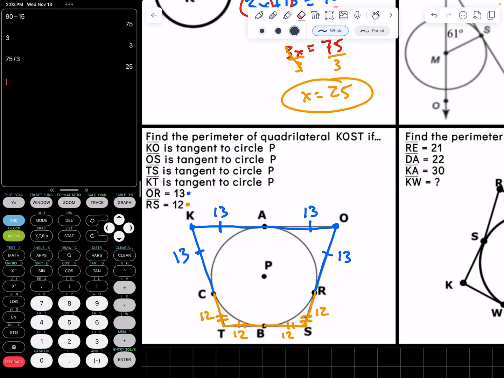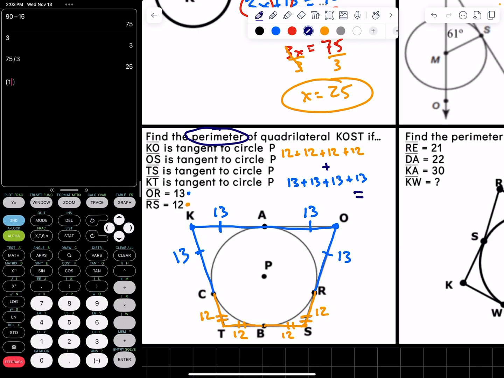So if I add all these up, because remember, I'm trying to find the perimeter, I take 12 plus 12 plus 12 plus 12, and I'm going to add that to 13 plus 13 plus 13 plus 13, and that is all going to equal, I can do this two different ways, 4 times 12, because I have 4 12s, plus 4 times 13 will give me 100, or I can do it the long way, 12 plus 12 plus 12 plus 12 plus 13 plus 13 plus 13 plus 13.